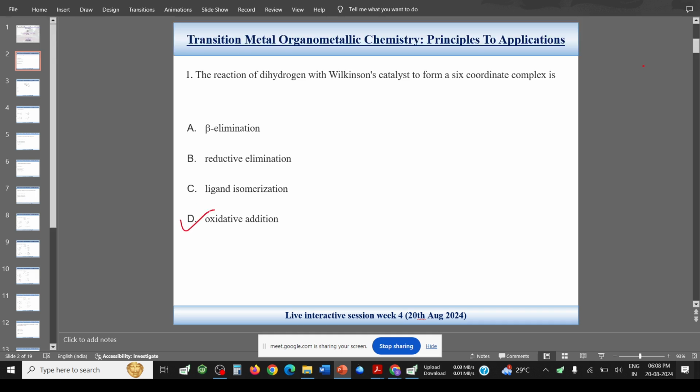So what is the chemical formula of Wilkinson catalyst? I have already discussed this catalyst in previous classes.